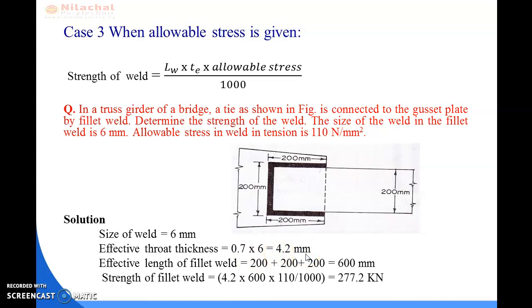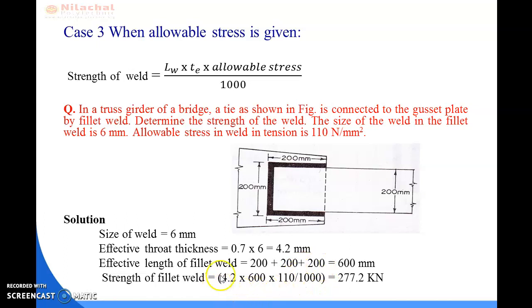Okay. Then the strength of the fillet weld is given by the formula LW into TE into allowable stress or maximum permissible stress, divided by 1000. So here 4.2 is the effective throat thickness TE, 600 is the effective length of the fillet weld, and 110 is the allowable stress or maximum permissible stress for this welding section, divided by 1000.